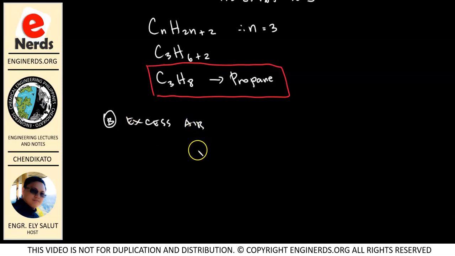So tatandaan natin ang definition ng excess air. Excess air is the difference between the supplied air and the air consumed during complete combustion.